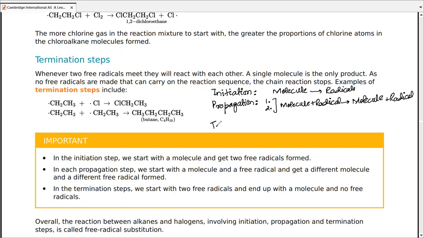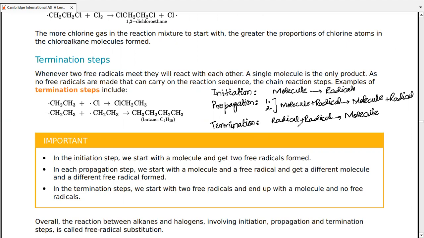Okay, and the termination step was all about radical plus radical, or as a whole, radicals would give you a molecule. So if you look at it, molecules give radicals or radicals give molecules. Initiation and termination are exact opposite to one another.